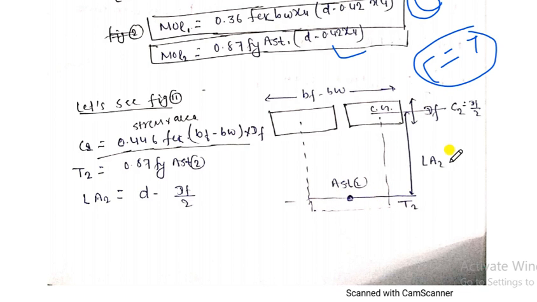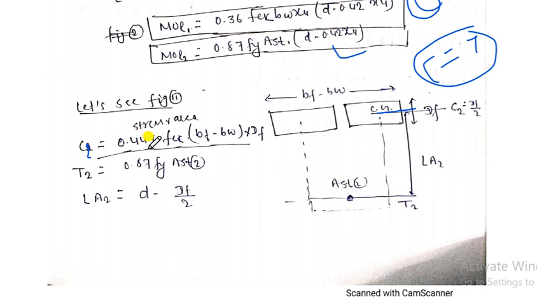This one is the lever arm, as you can see, and the lever arm is always taken from the CG. Here the CG value will be half of this, DF by 2. Of course, the center of gravity always lies at the center of the section, so DF by 2. From here to here is the reinforced lever arm 2. Now we will see C2.